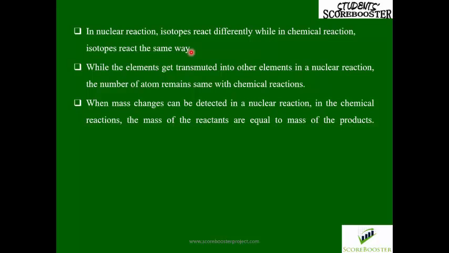Let's assume we have an atom A with mass number 200 and the same atom with mass number 202. If each of them emits an alpha particle, definitely the products formed will not be the same. That is what we mean by this statement.